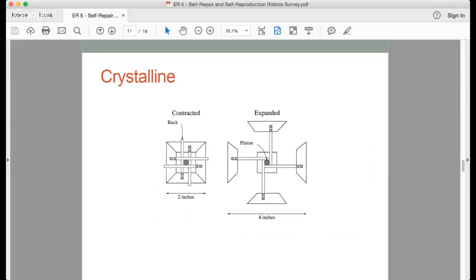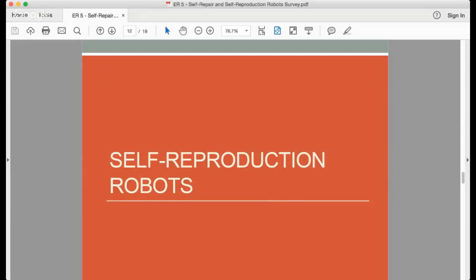And again, the process is very simple, and I guess it's effective. I'm a person who likes simplicity in everything, even in algorithms. So, I guess there are no questions, so let's move on to our next topic, which is self-reproduction robots.